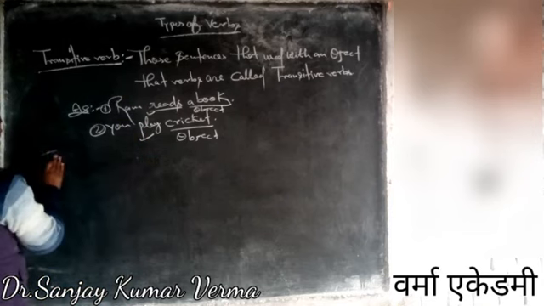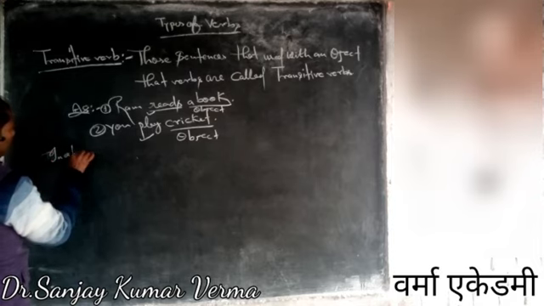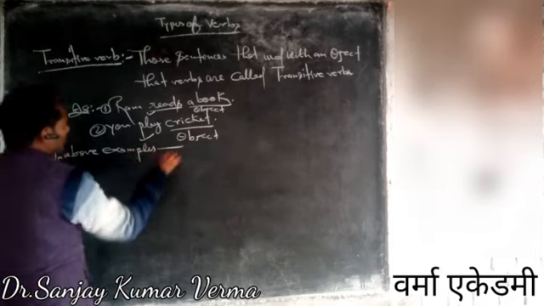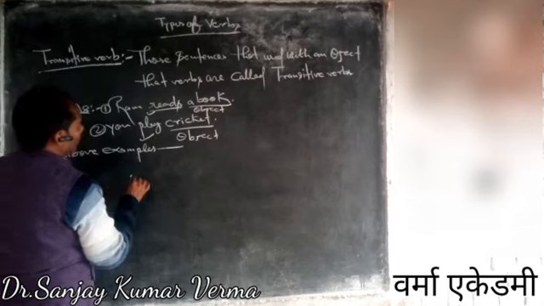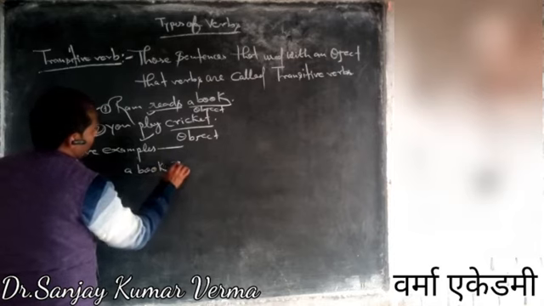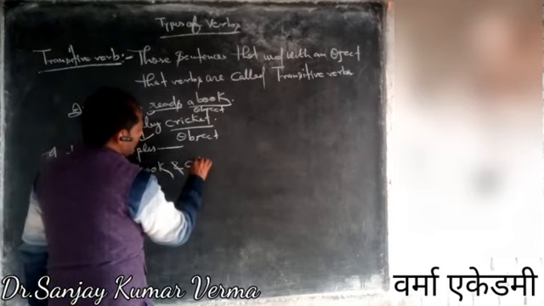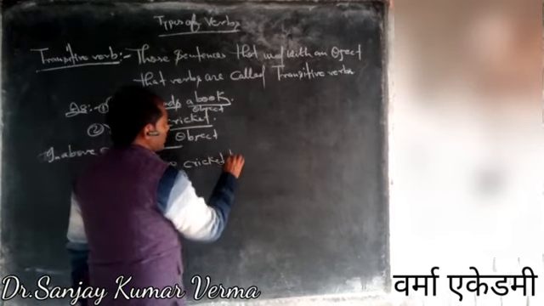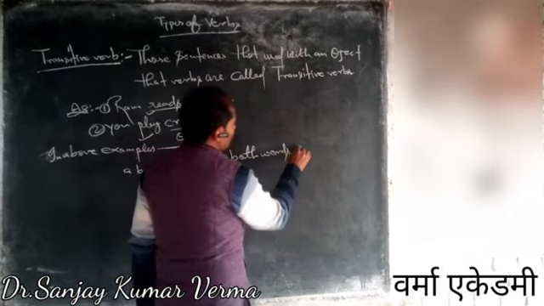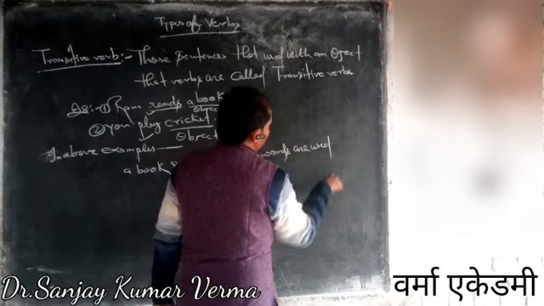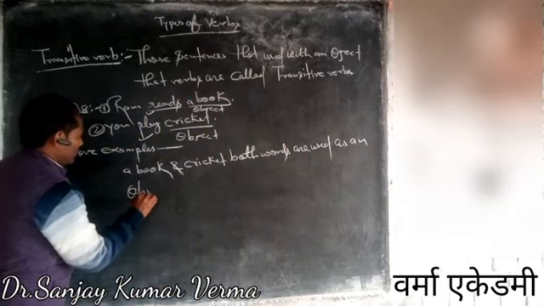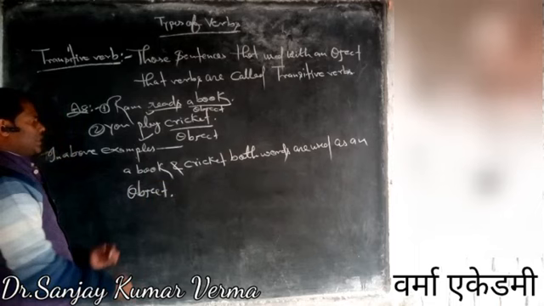In the above examples, a book and cricket, both words are used as an object.